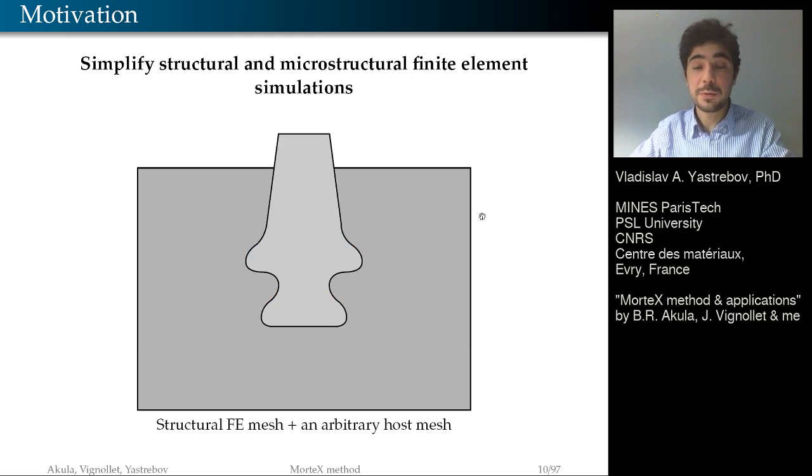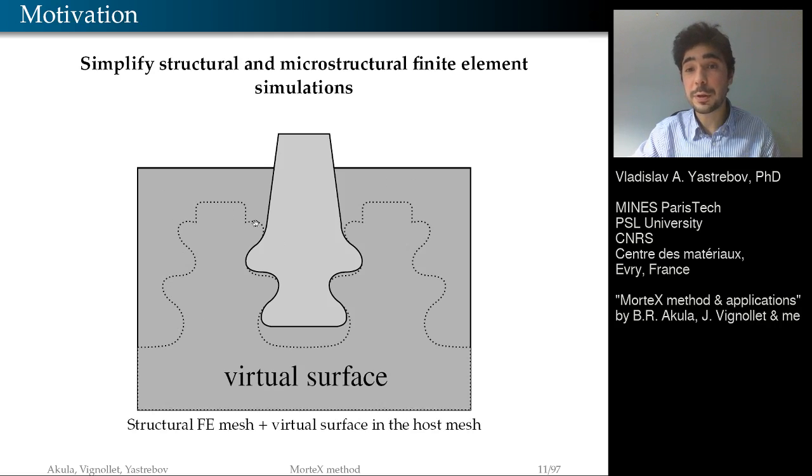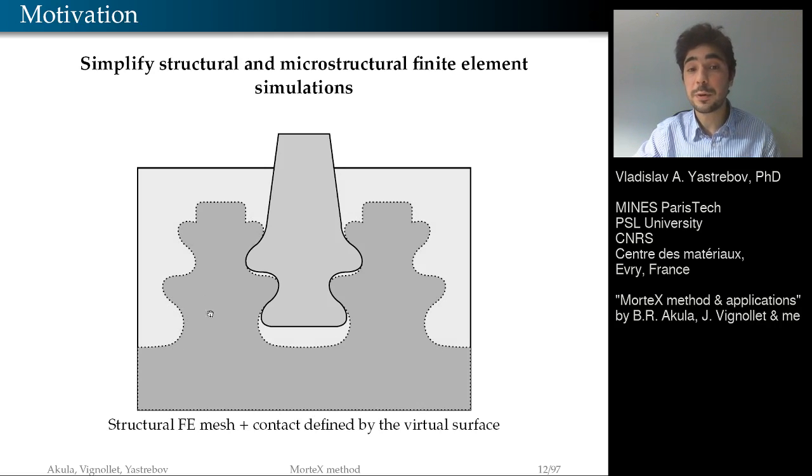And in a more general case, it would be even more handy if we could have a very simple regular or non-regular mesh, in which we could cut arbitrarily complicated geometries using CAD models, NURBS surfaces, and handle later the contact between this surface just cut from the bulk mesh and another part. All this can be done in the context of this MorteX method.